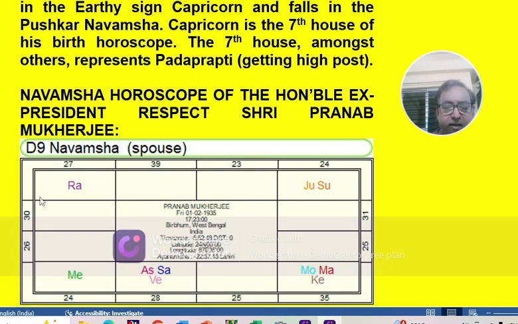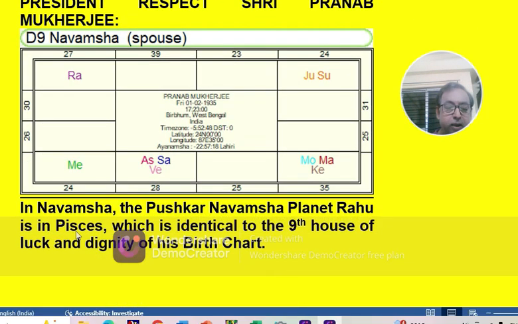Now the Navamsha horoscope of Honorable ex-President, respected Sri Pranab Mukherjee ji. In the Navamsha, the Pushkar Navamsha planet Rahu is in Pisces, which is identical to the 9th house of luck and dignity of his birth chart. That is Rashi Tulya Navamsha.